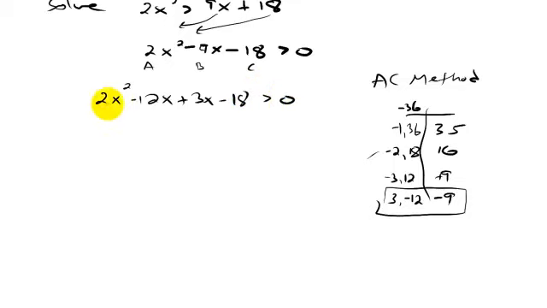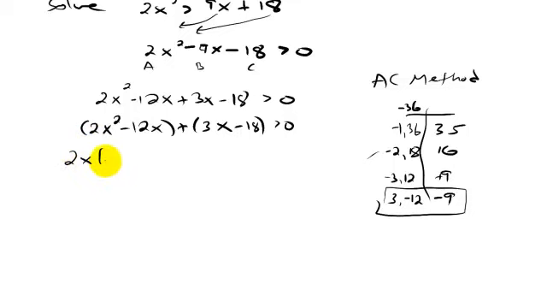And now that we have 4 terms, we factor by grouping. Okay, so put parentheses around your first group, parentheses around the second group. Okay, what can you pull out from the first group? And you can pull out a 2 and an x, leaving x minus 6.